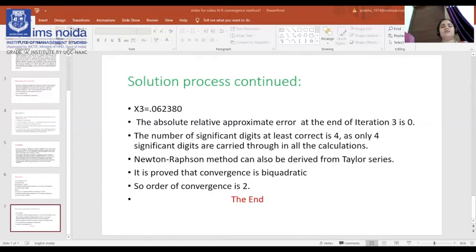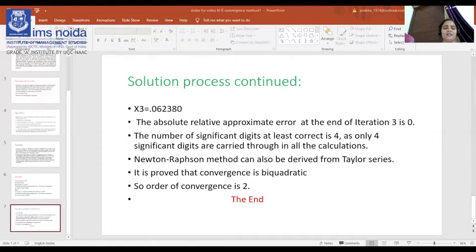In iteration 1, how will the x1 value be calculated? x1 equals x0 minus f(x0) divided by f dash (x0). So you can see x0 is 0.05, and 0.05 whole cube minus 0.165 into 0.05 square plus 3.993 into 10 to the power minus 4, divided by 3 into 0.05 square minus 0.33 into 0.05.